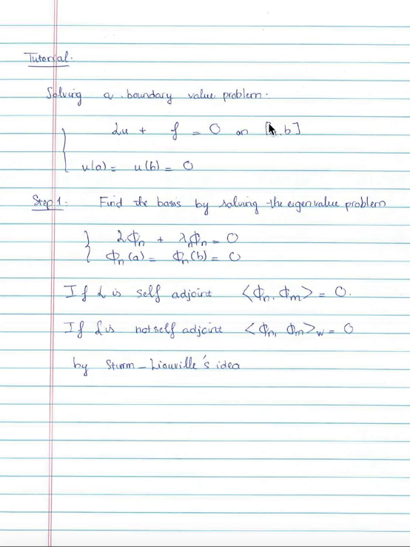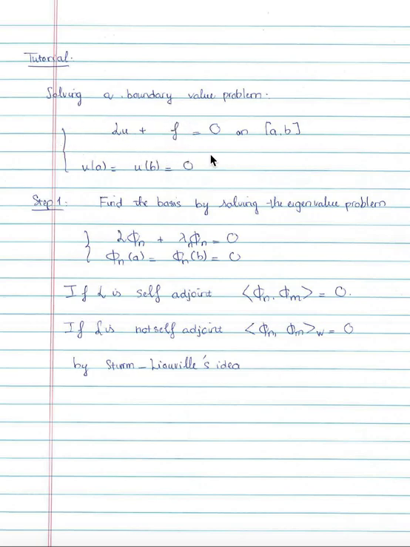The boundary value problem that we are trying to solve is restricted on an interval from A to B. The boundary condition at A is 0. The boundary condition at B is 0. L is the operator. F is the source term. The source term is the function that doesn't depend on U. In this problem, U is the unknown and F is the source term.